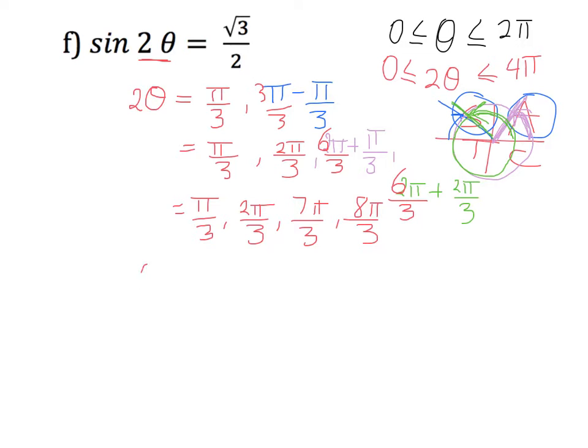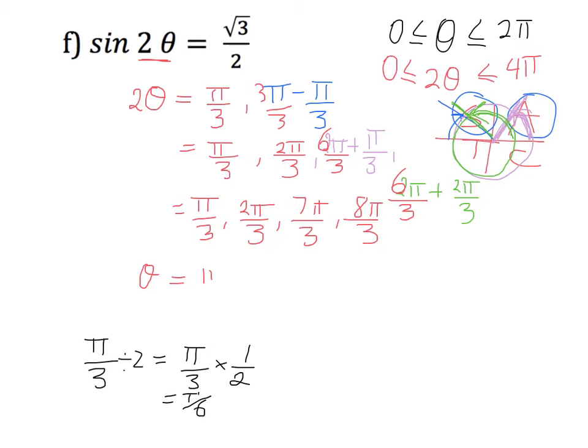To find what theta equals, we have to divide all of our answers by 2. So, pi on 3 divided by 2 becomes, I'll show you what that working out is like just as an aside down here. Pi on 3 divided by 2 means you're doing pi on 3 times by the reciprocal. So you can see that's pi on 6.